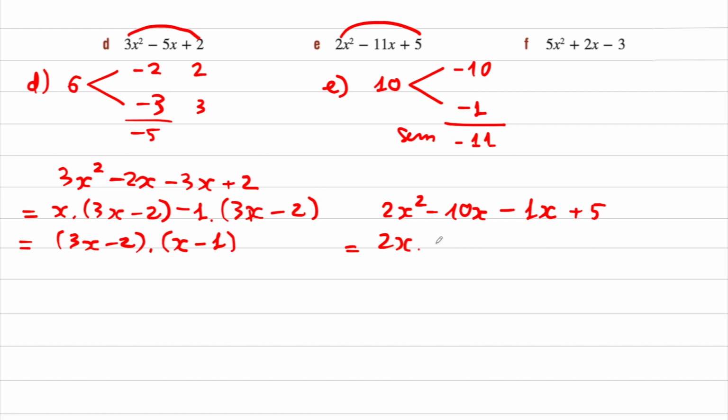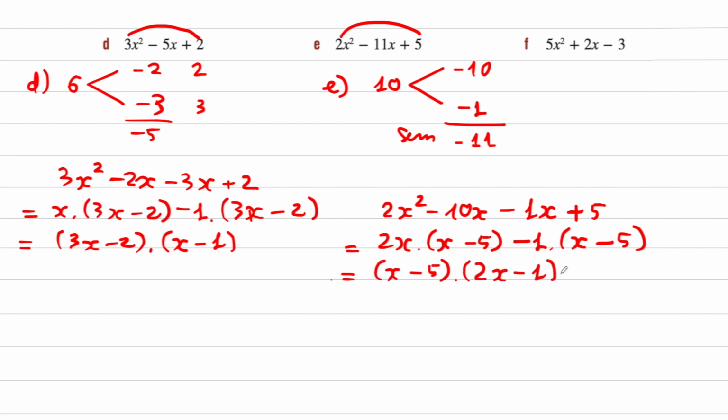So take 2x outside, x minus 5. Take minus 1 outside, x minus 5, because minus 1 times minus 5 becomes plus 5. That's why I have this option. So here is x minus 5 multiplied with 2x minus 1. Yeah, that is question E.